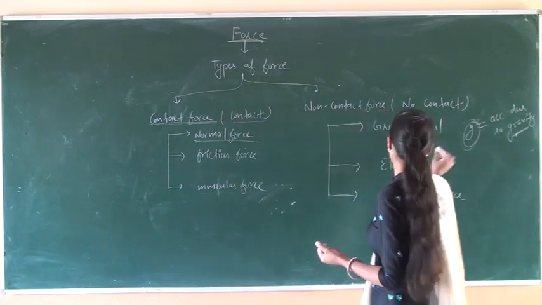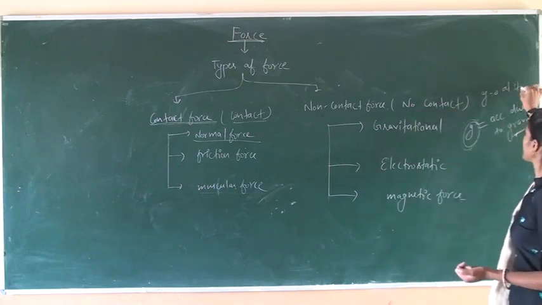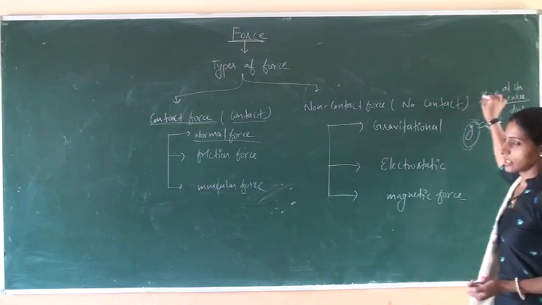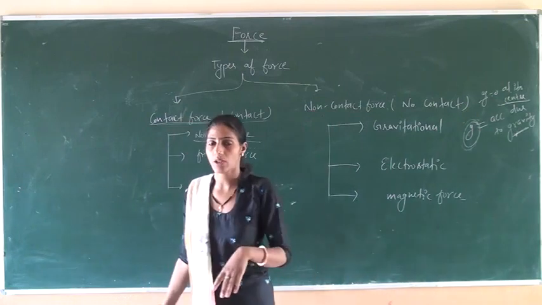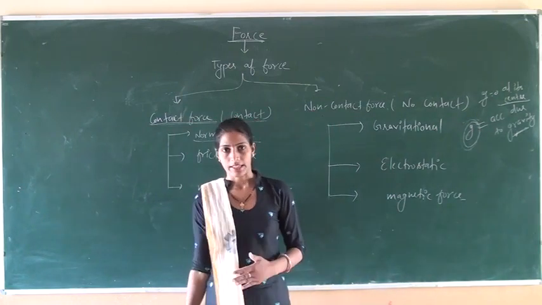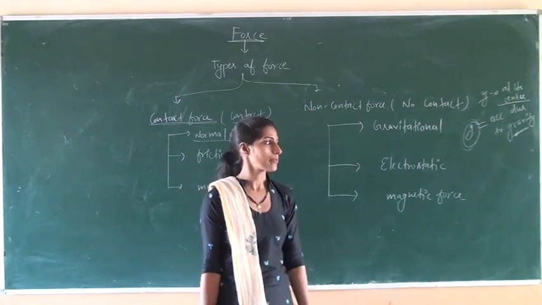The value of g is equal to 0 at its center. Means at the earth's center, the gravitational force is 0. And when the object comes back to the earth, it will come to rest, because here the value of g is equal to 0.